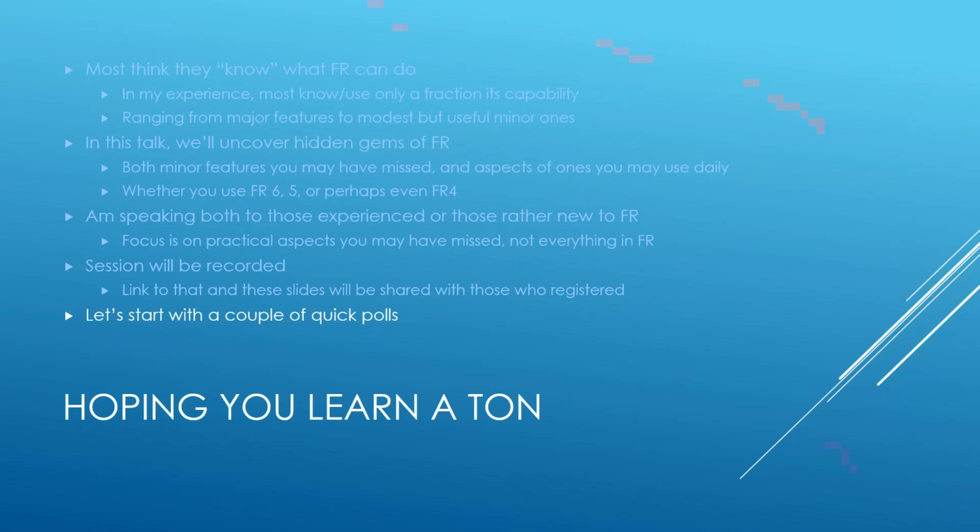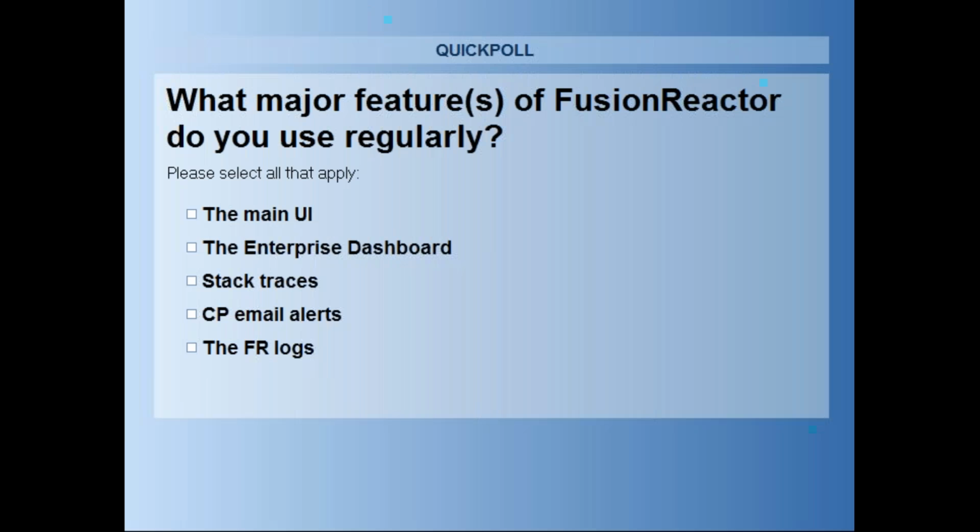And then finally, just curious, what major feature of FusionReactor do you find that you use every day? This is a multiple choice question, so I would like you to pick what major features, hopefully, that you use, but if you do only use one, then just answer one.